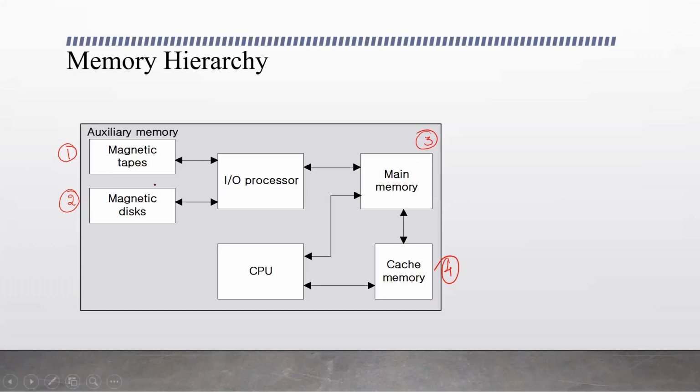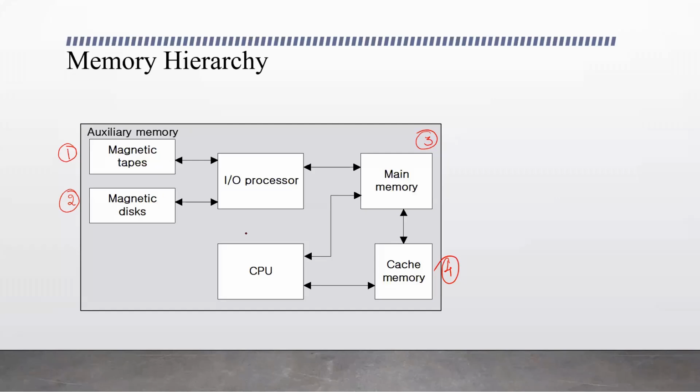But auxiliary memory has larger space than main memory. The storage space is more in auxiliary memory. So large data files and other large programs are stored generally in auxiliary memory.